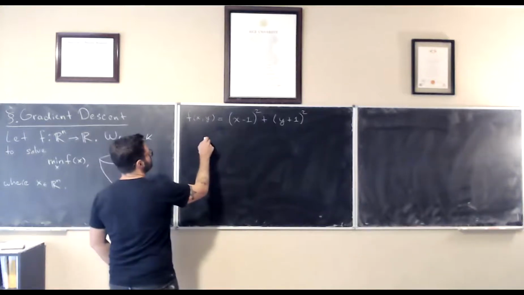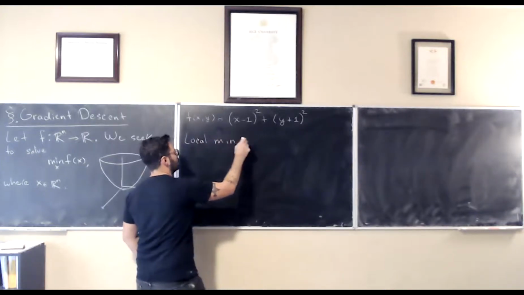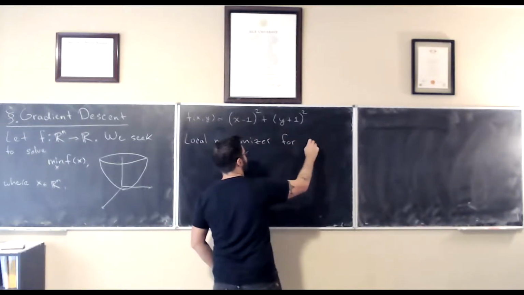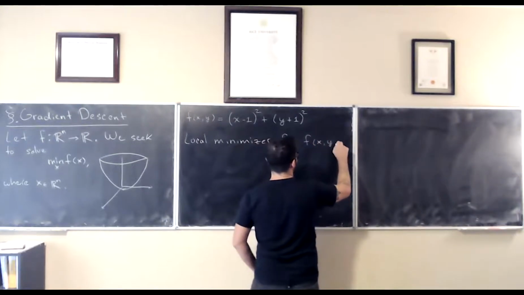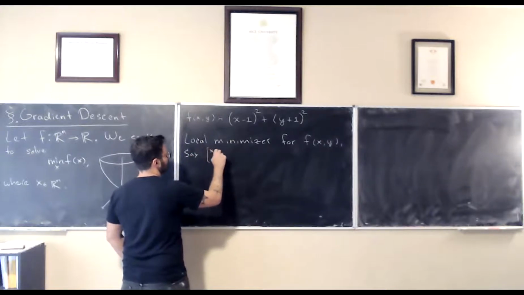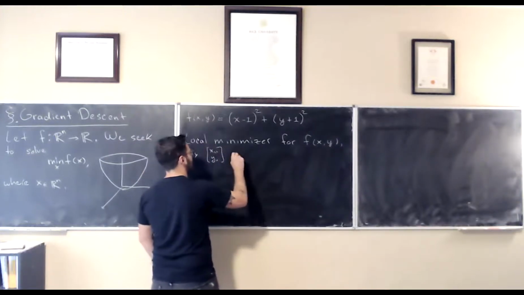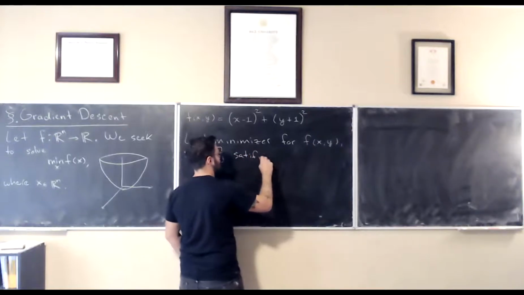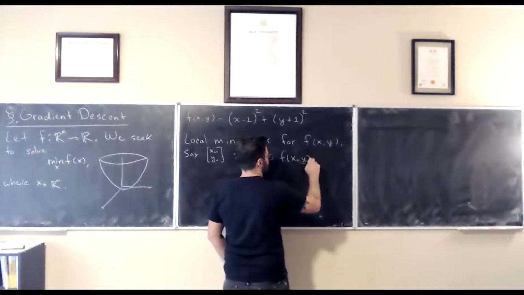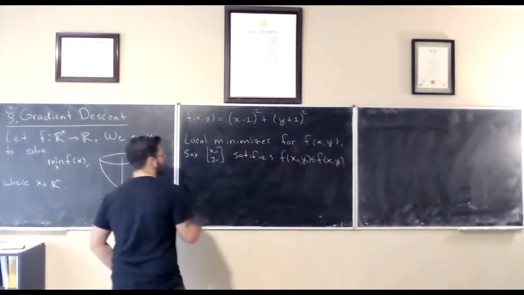So a local minimizer for x, y, say x naught, y naught, satisfies f of x naught comma y naught less than or equal to f of x, y for all x, y in the domain of f.